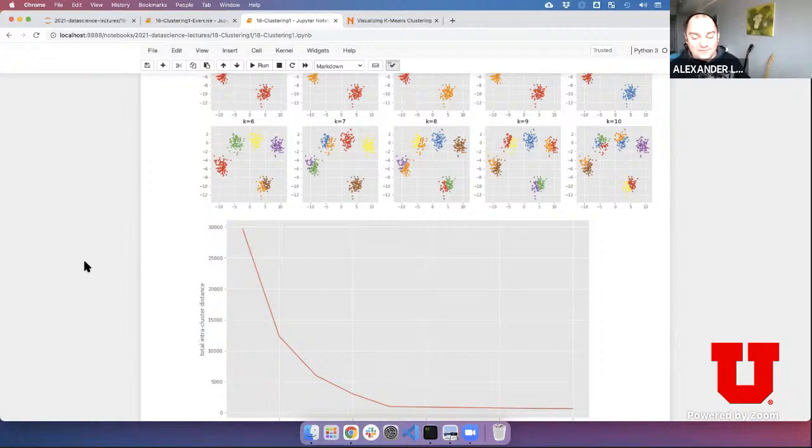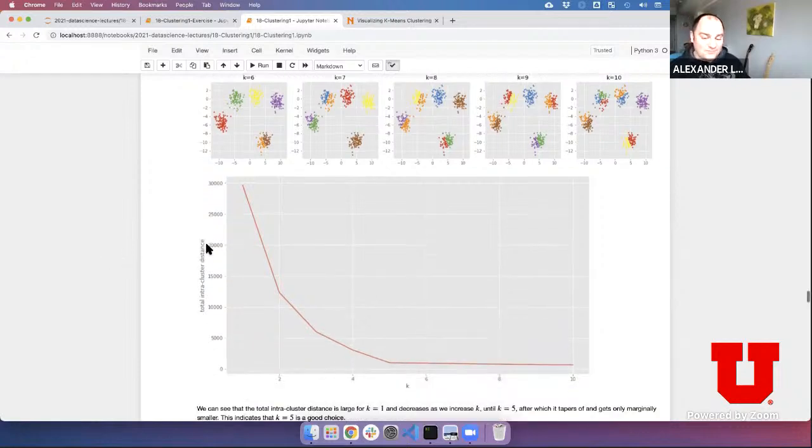So in your homework, we don't ask you to automate that. We just ask you to do this kind of analysis and then analyze yourself what K is. And the other reason is that it's not a big deal to spend a little bit of time to pick your K, because this is usually for some kind of analysis in the first place where you really want to look at your data and reason about it, right?